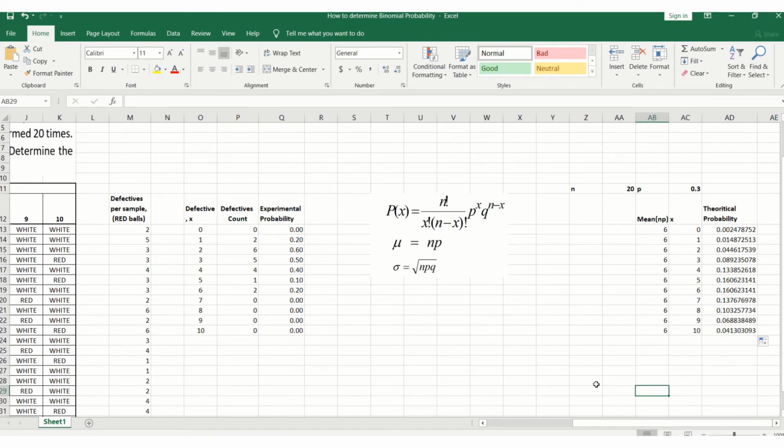So now after getting the experimental probability and theoretical probability, we can plot them. First we are going to plot the experimental probability. How are we going to plot it?